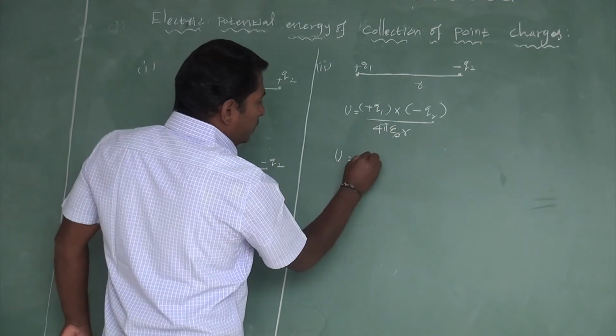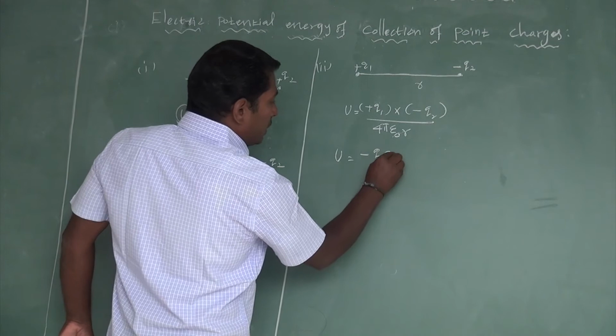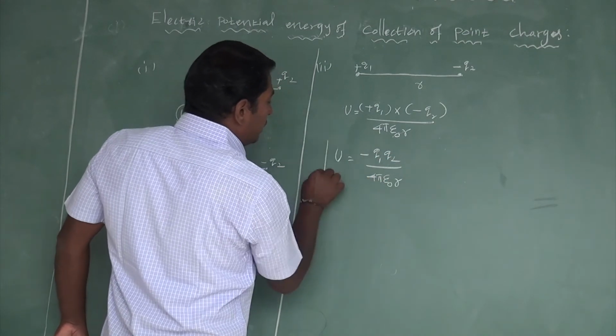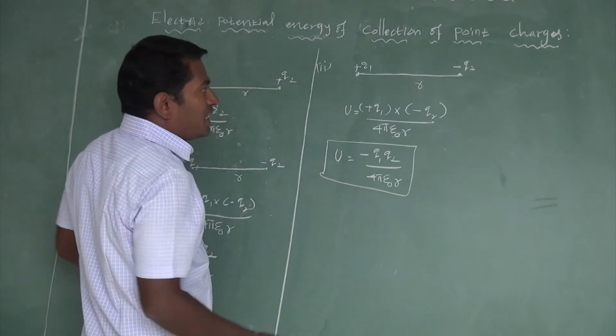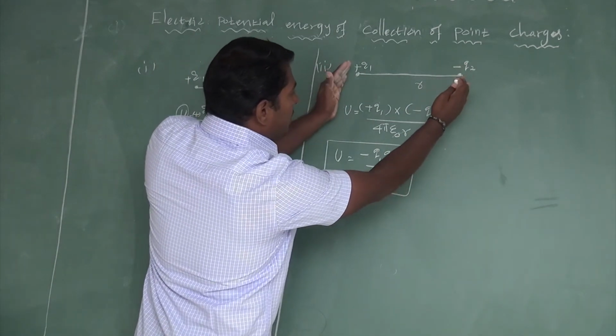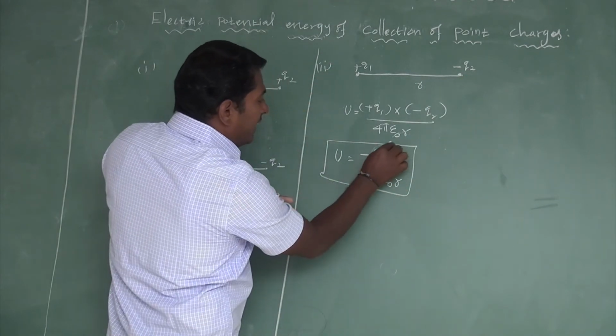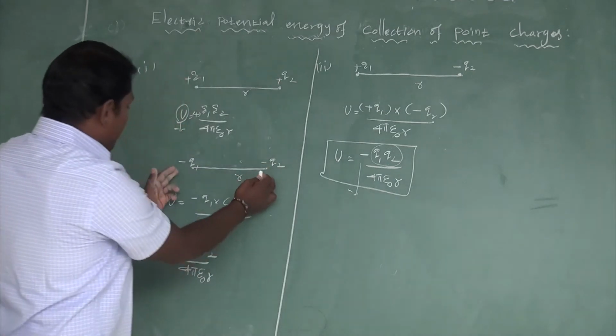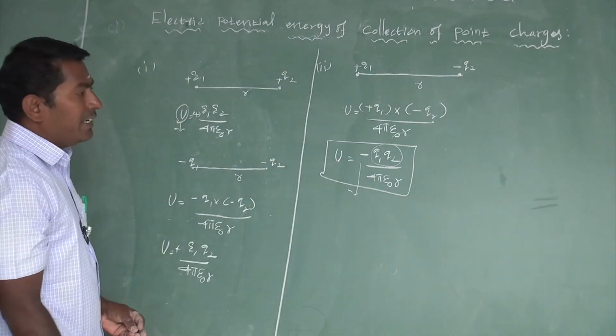U equals minus Q1 Q2 divided by 4 pi epsilon naught r. The important concept is that for dissimilar or unlike charges, the electrostatic potential energy between two point charges is negative, and for like charges, the electrostatic potential energy is positive.